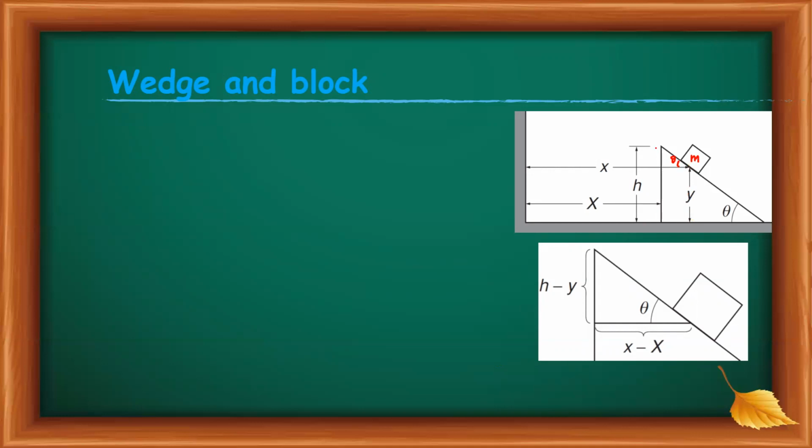Then this marked side must be equal to h minus y, and also this distance must be equal to small x minus capital X. Small x is the distance to the mass in the x direction, and capital X is the distance to the wedge in the x direction. Then it is x minus X.